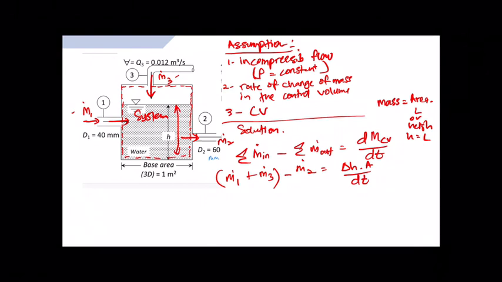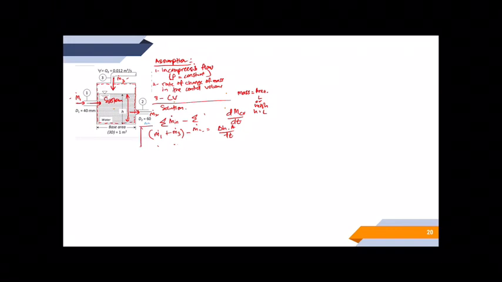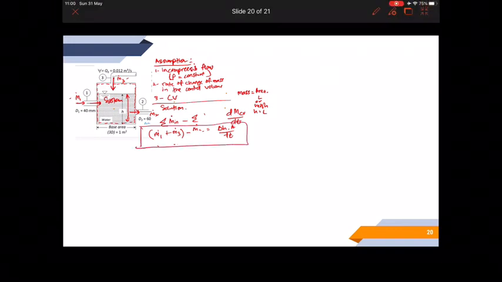For example, if you do have high mass flow rate coming into the system and then low mass flow rate exiting the system, definitely h will increase, which means mass in the system will be increased, right? So that's why you put delta h. So having this equation, we try to solve the problem.